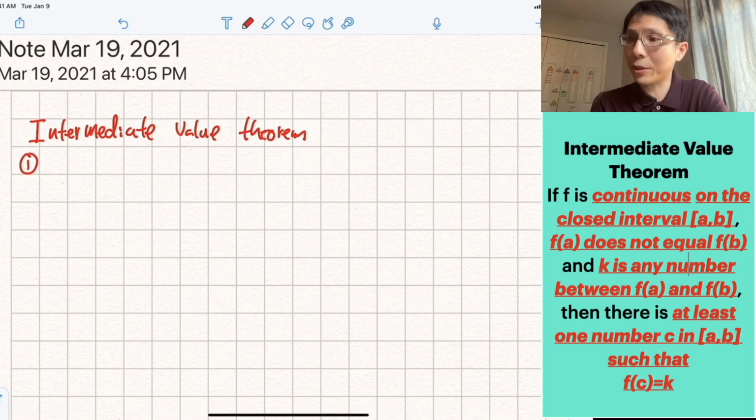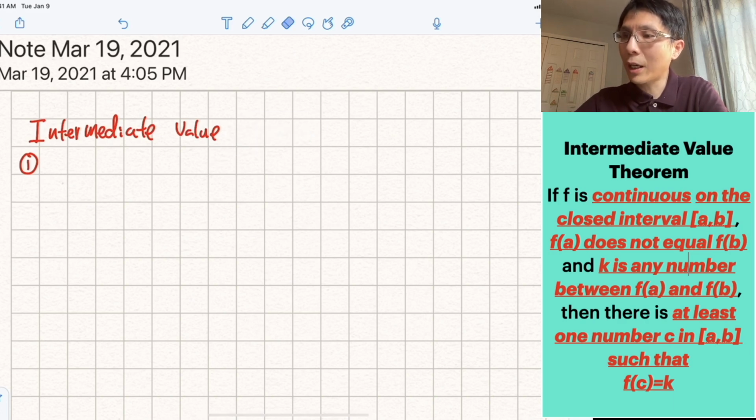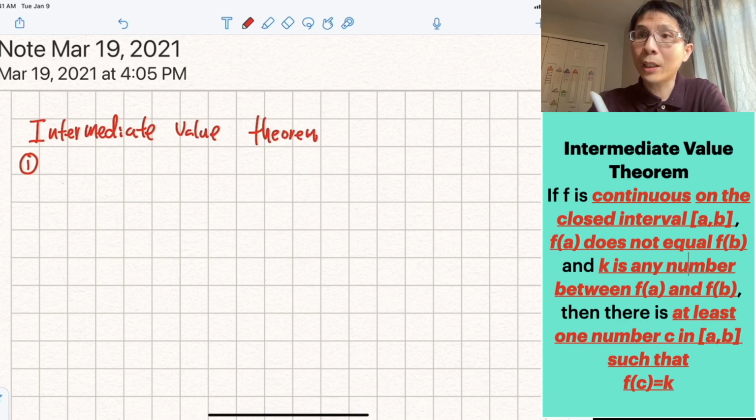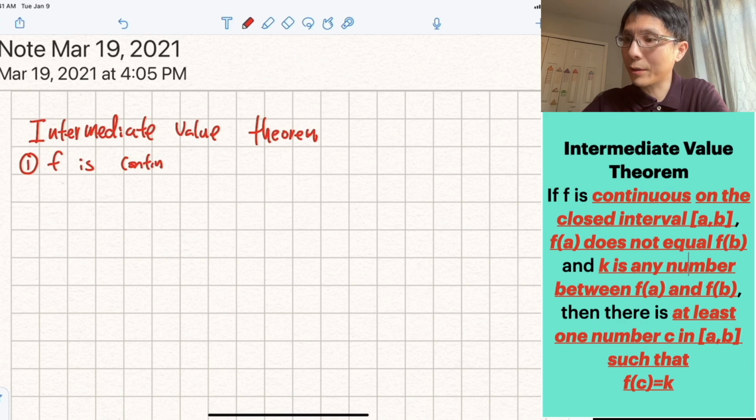The first condition: f is continuous between a and b.